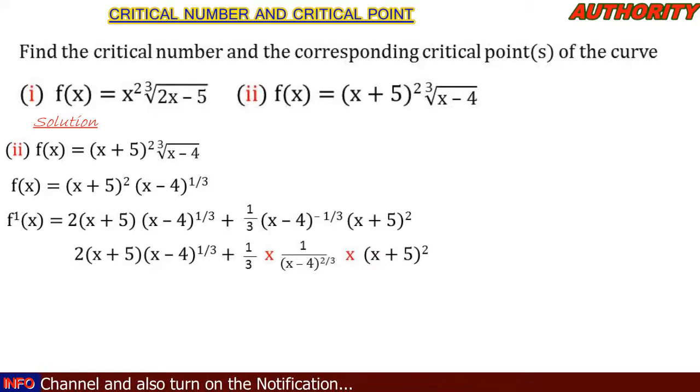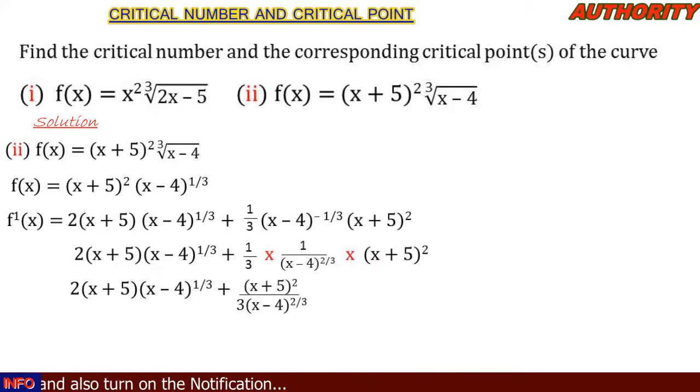Let's simplify further. We're going to have 2 open bracket x plus 5 in bracket, x minus 4 in bracket raised to power 1 all over 3, plus, now we're going to multiply 1 all over 3 times 1 all over x minus 4 raised to power 2 all over 3 times x plus 5 in bracket raised to power 2.